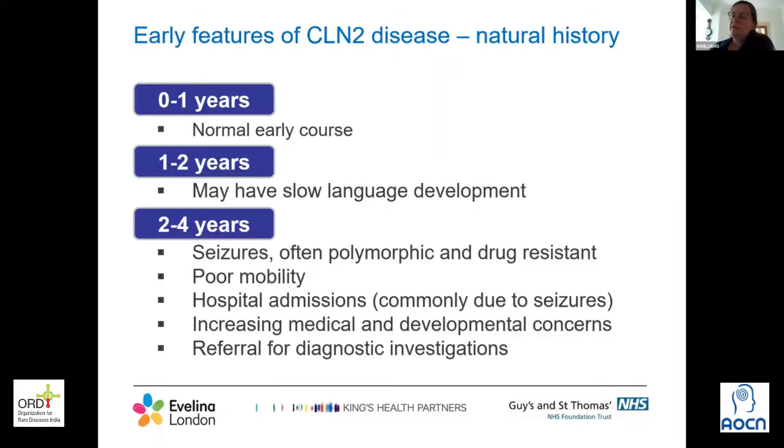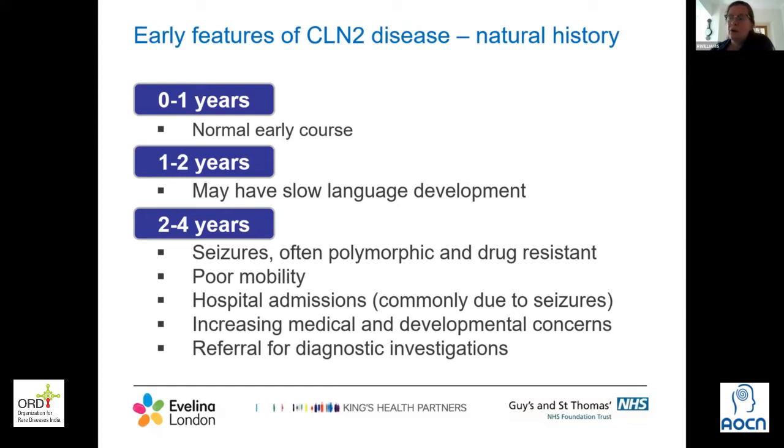The early features, the first feature very often in probably 80% of the children, is that language development in the second year of life slows down, and some of these children are referred early for speech and language therapy. But really they don't come to the attention of a paediatrician or a paediatric neurologist until the onset of epilepsy, somewhere between 2 and 4 years of age.